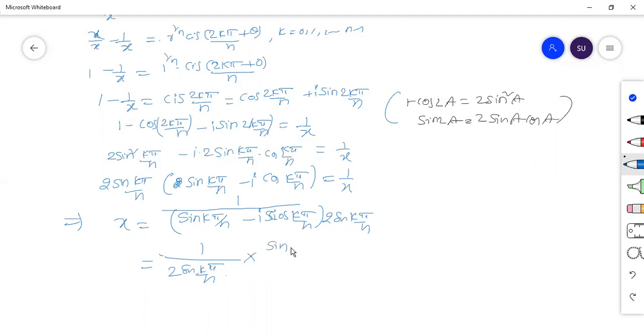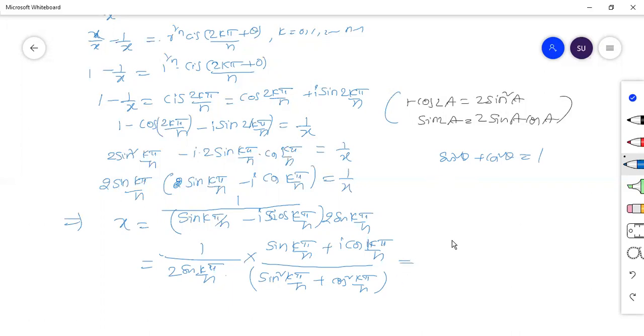That means multiply and divide by sine kπ by n plus i cos kπ by n. Denominator will be what? Already minus term is there. Here multiplied with plus term, (a plus ib) into (a minus ib) is a square plus b square. You will get sine square kπ by n minus i square, i square is minus 1, so plus cos square kπ by n. So sine square theta plus cos square theta is how much? You know that sine square theta plus cos square theta is equal to 1.